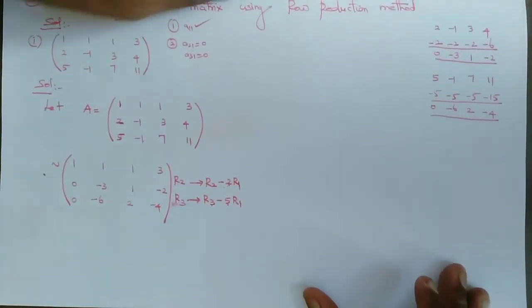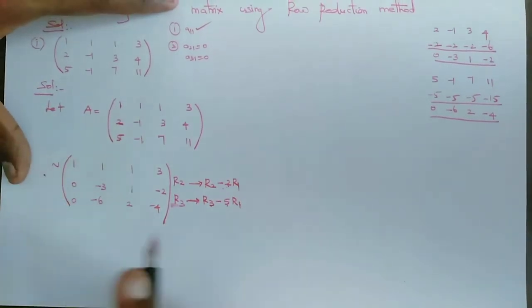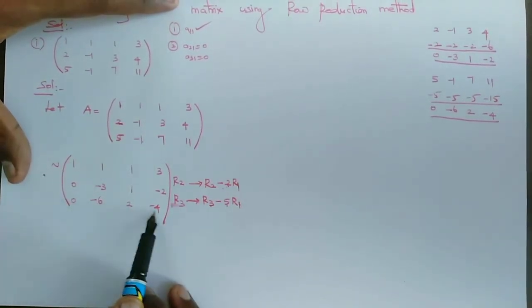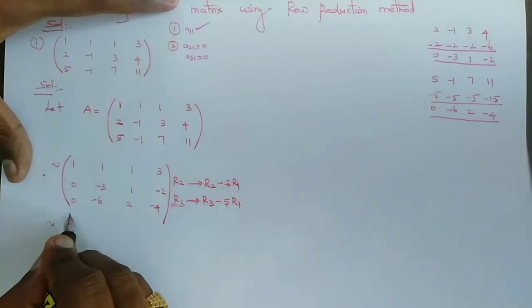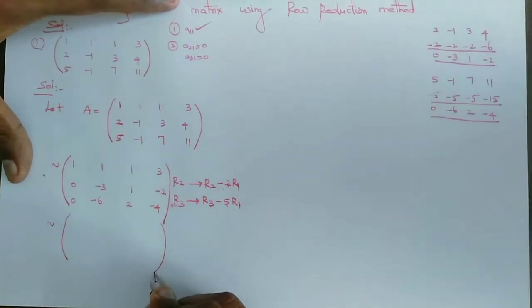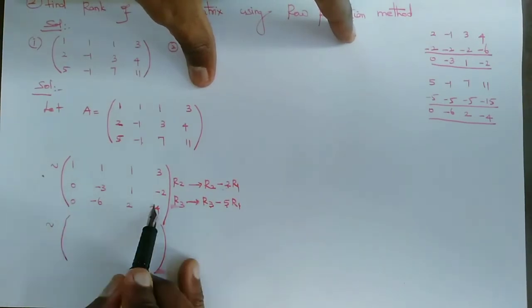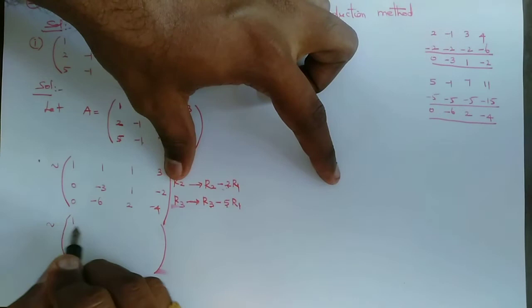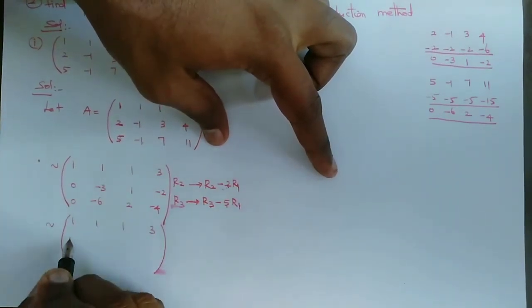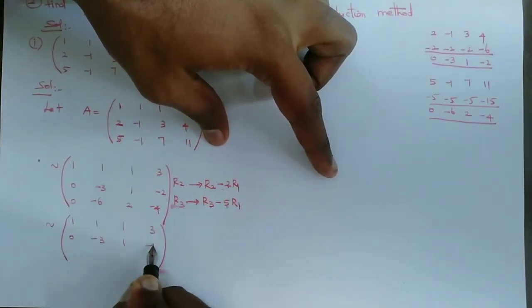So how can I do this sum? Before doing that, minus 6, 2, minus 4 are all divisible by 2, so the sum will be very easy. There is no change in R1, R2. R1, R2 stay as 1, 1, 1, 3 and 0, minus 3, 1, minus 2.